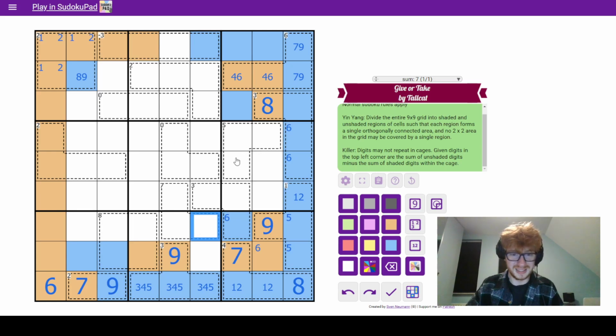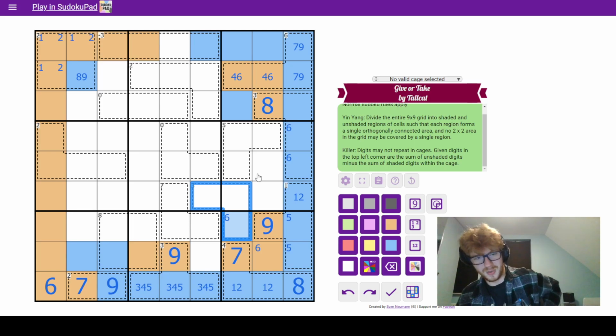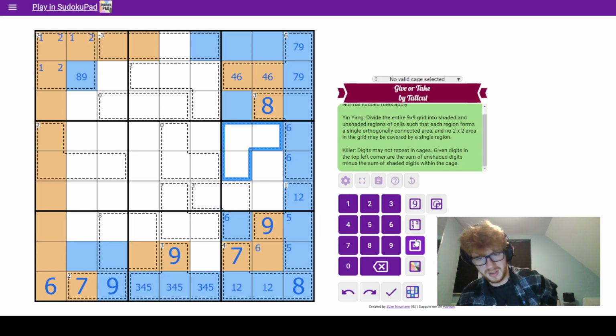Which then, I guess, would be true for all of these, wouldn't it? For the 3 cells, I guess. For the 8, it's not really true. You can have, no, for the 4 cell cage it's not true. But that means there's no 5 in this and there's no 3 in this in blue, right? Because it could still be in orange, couldn't it? Because then let's say you have 13 in blue.